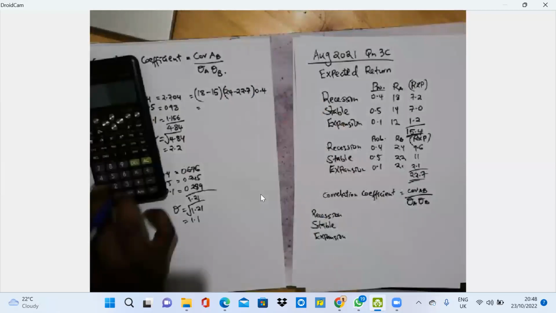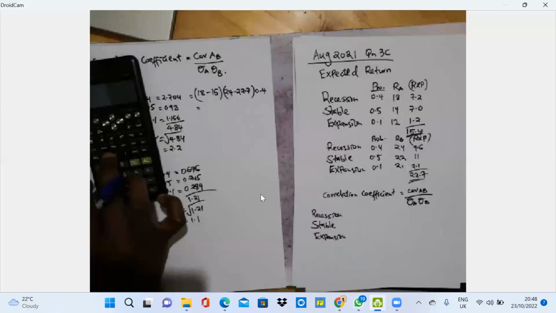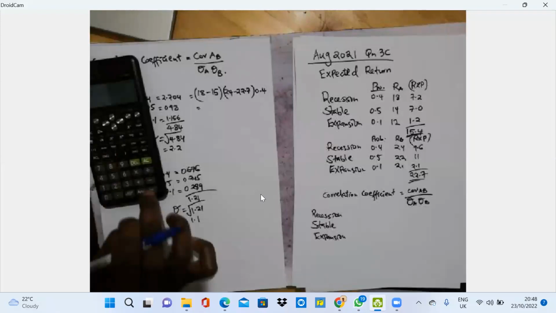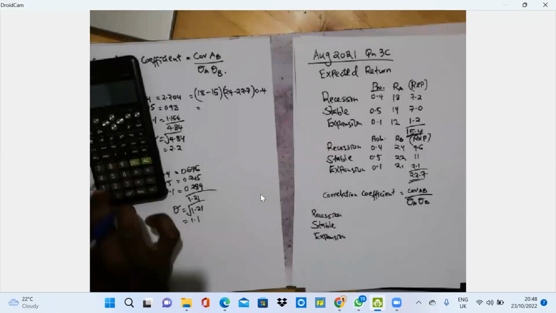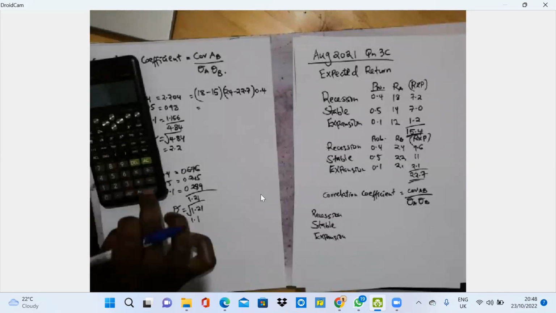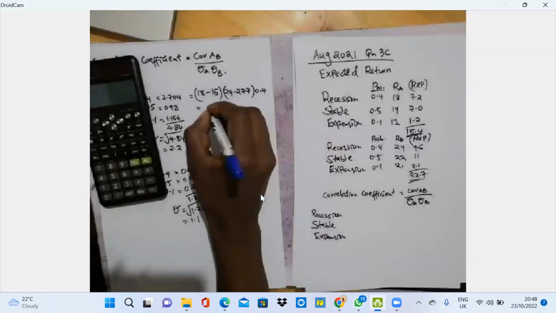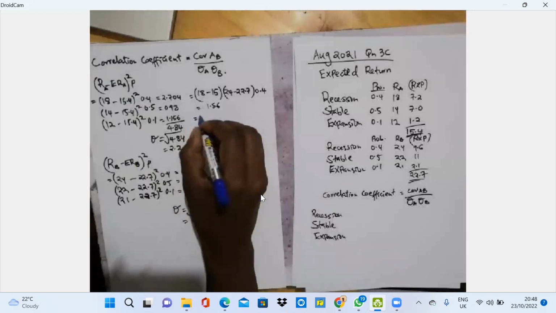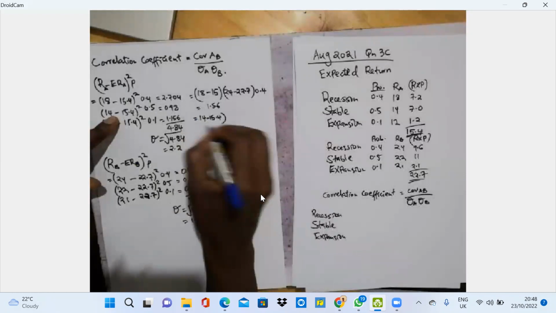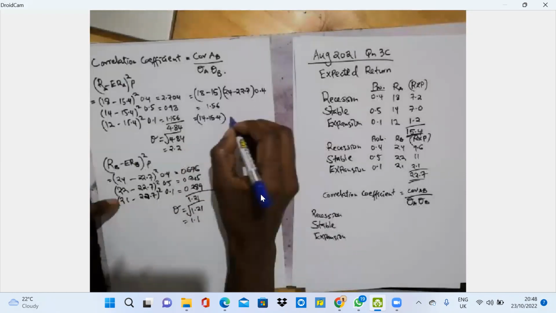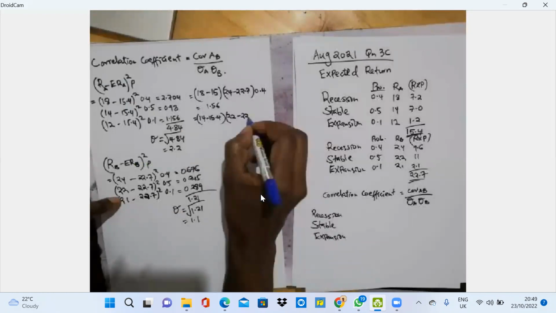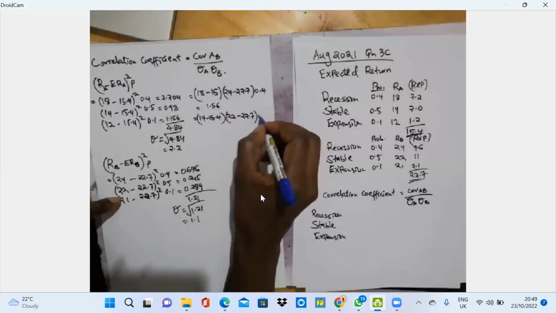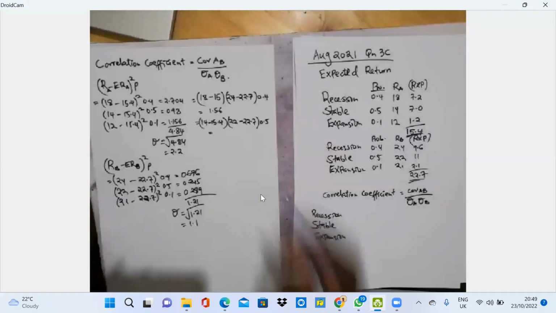So this is 18 minus 15.4 times 24 minus 22.7, then times the probability 0.4. That is 1.56. Then the next one is 14 minus 15.4 multiplied by 22 minus 22.7, with the probability 0.5.